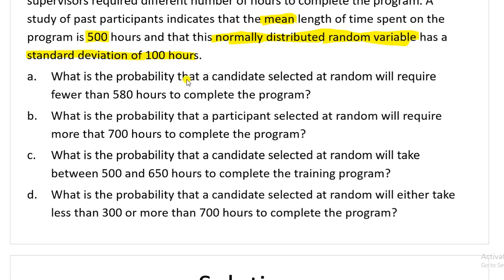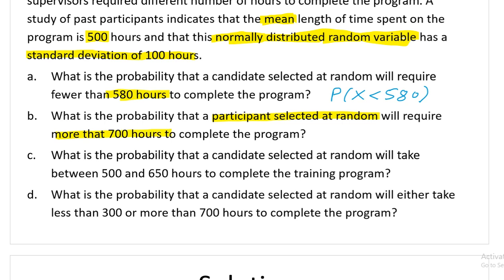What is the probability that a candidate selected at random will require fewer than 580 hours? Means less than 580 hours. So the question is, what is the probability that x is less than 580? The second one is, what is the probability that a participant selected at random will require more than 700 hours?